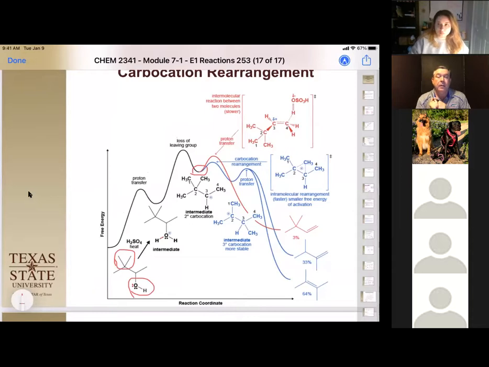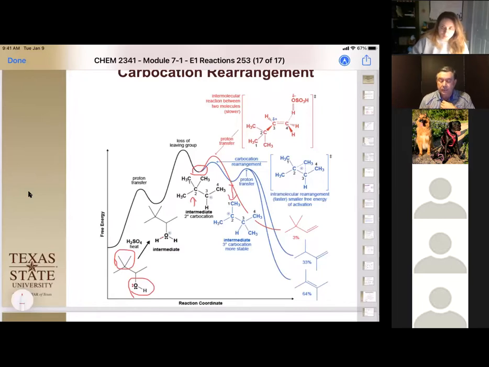Now we have a secondary carbocation next to a carbon that, if it transferred one of those methyl groups over, would be a tertiary carbocation. So one of the possible pathways is to create a 1,2 methyl shift to give us a tertiary carbocation.